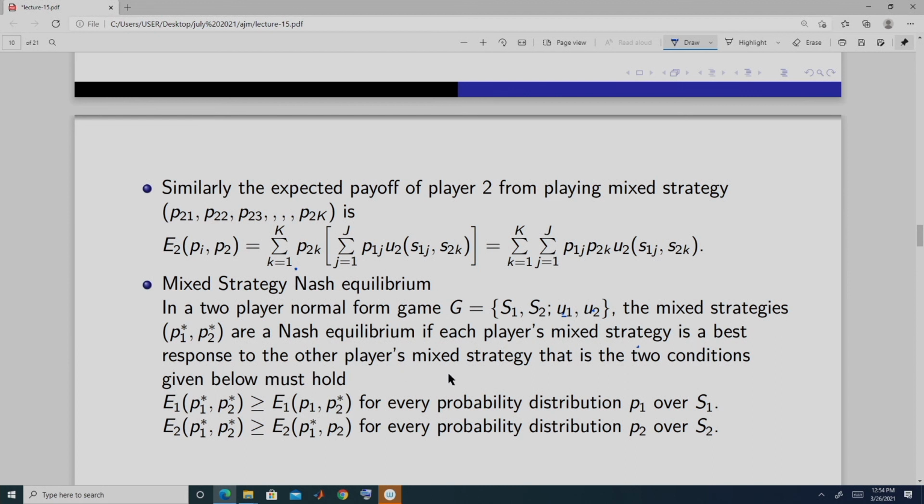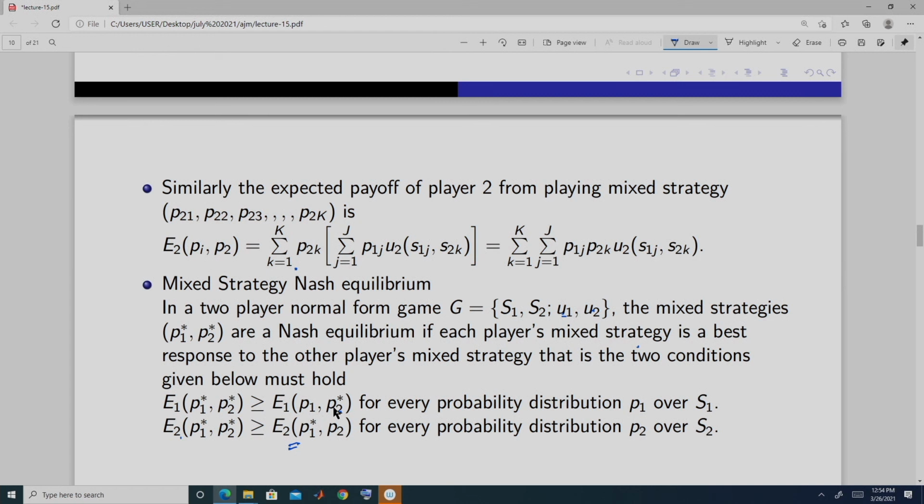For player 1, P1 star is a best response to P2 star. That is, this expected value should be greater than that from any other probabilities that we assign here. And this should also hold for player 2. So, together these two define the mixed strategy Nash equilibrium.